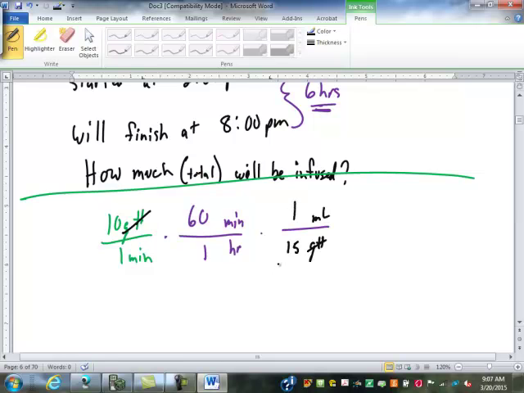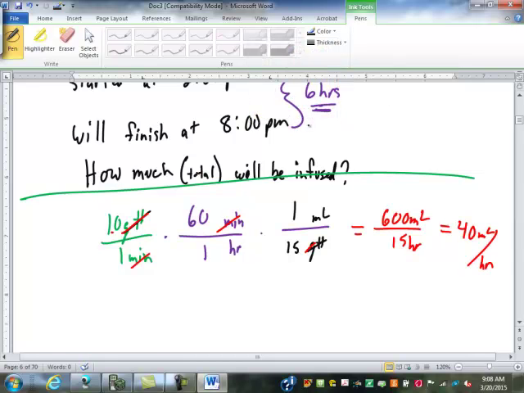So it's 15 drops per 1 milliliter. So now the drops have canceled, the minutes have canceled. Let's multiply this out and see what we have. 10 times 60 times 1 is 600 milliliters. Over 1 times 1 times 15 is 15 hours. That'll divide out to be 40 milliliters per hour.